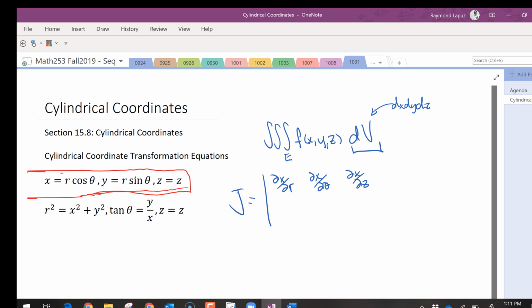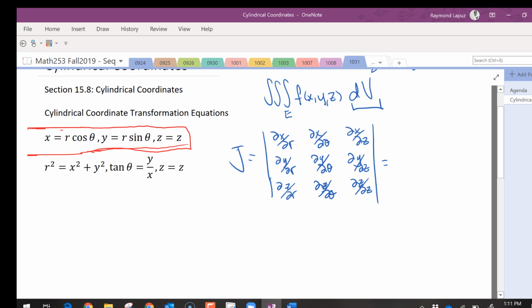Then we fill out the rest with all the possible first derivatives between these two sets of variables: dz dr, dz d theta, and dz dz.